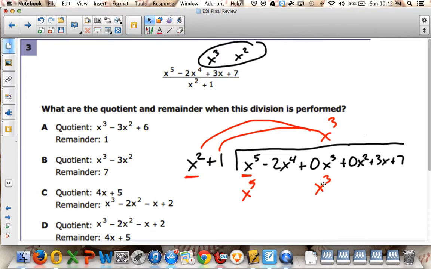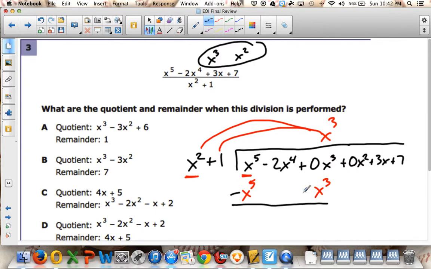If I were to put x cubed right here, I can't subtract negative 2x to the fourth and x cubed. They don't have common factors. The 4 and the 3 are not the same. When I get to this point, I switch the signs and I add. This cancels exactly like I wanted it to.